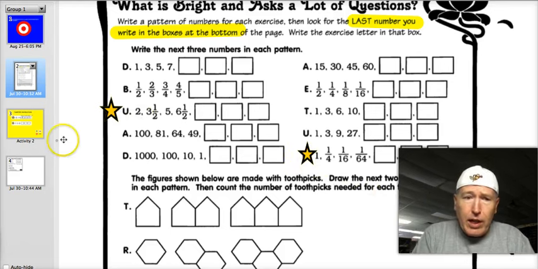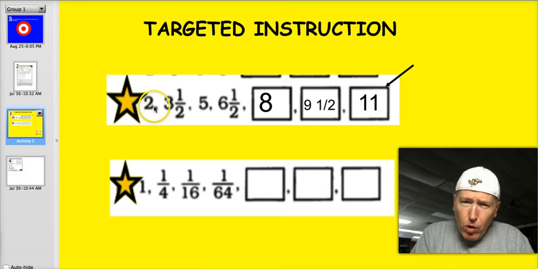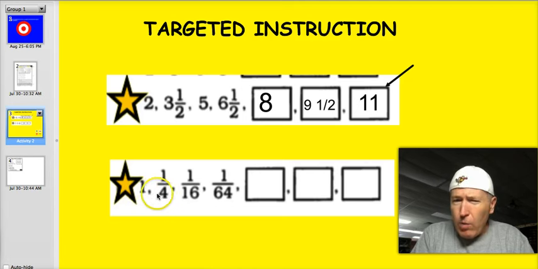All right, so if we were to look at another example, again, we're going from 1 to 1/4. From 1/4 we go to 1/16. From 1/16 we go to 1/64. What is happening? What's the rule? The rule up here was to add 1.5. Now we're going from 1 to 1/4. How are we getting there?